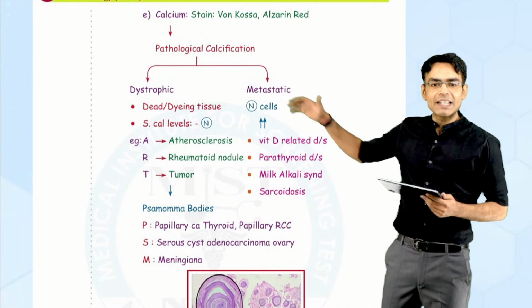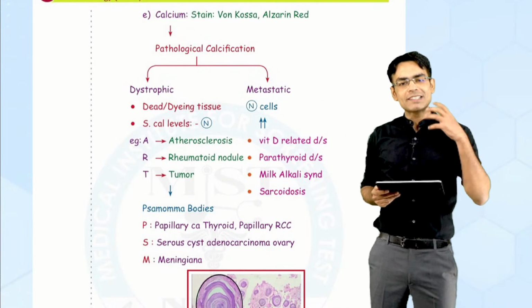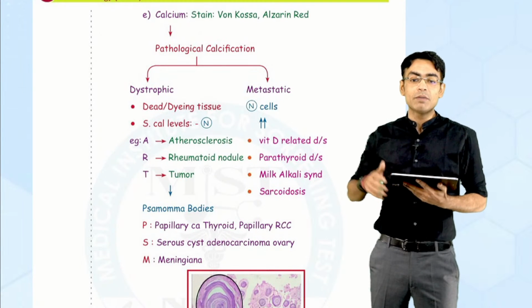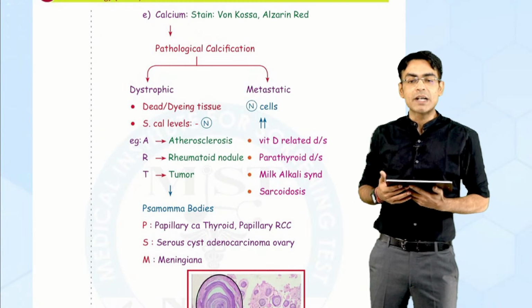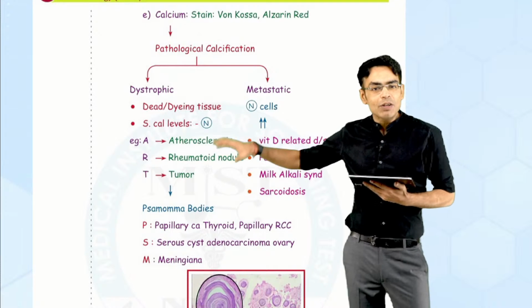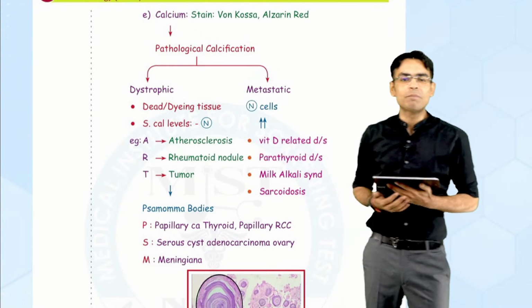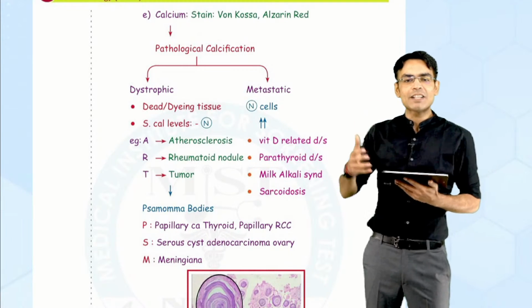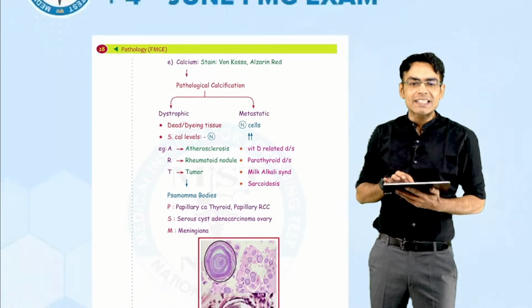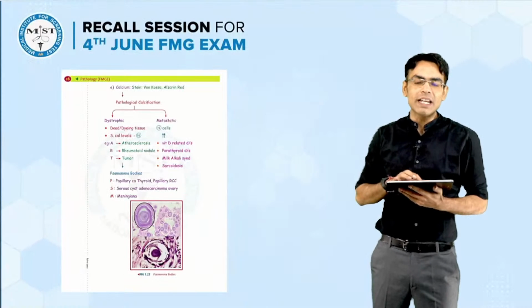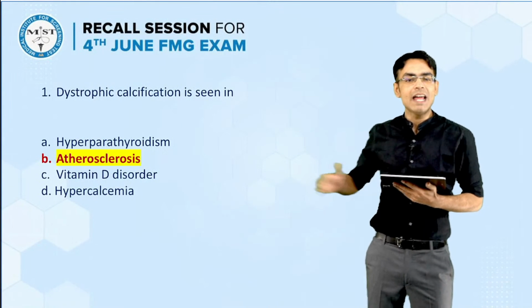Whereas metastatic calcifications are seen with normal cells, and the serum calcium levels will always rise in metastatic calcifications. And I've given you the mnemonic for dystrophic calcification, which was ART, atherosclerosis being one of the options. And this exactly you got in your examination question as an option.